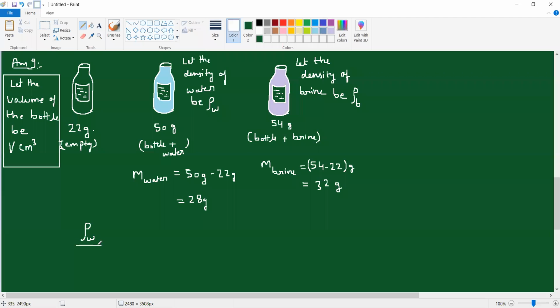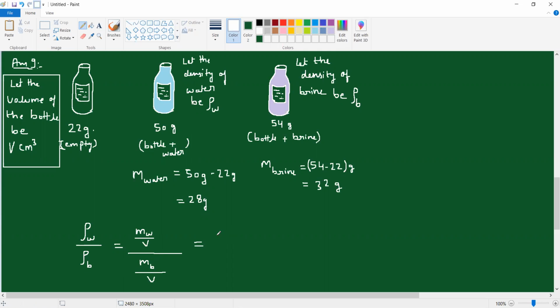Density of water upon density of brine will be equal to mass of water divided by volume, all three cases having the same volume V, and density of brine will be mass of brine divided by volume.